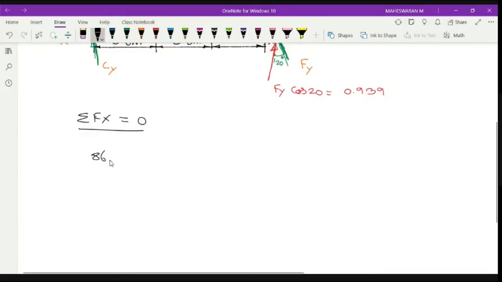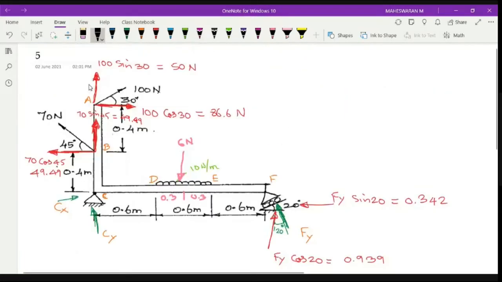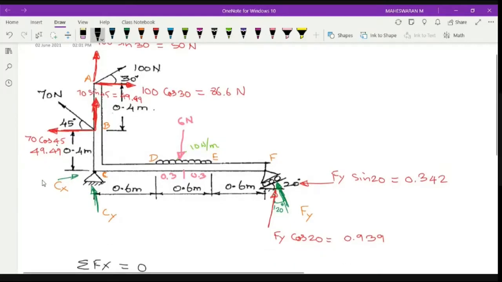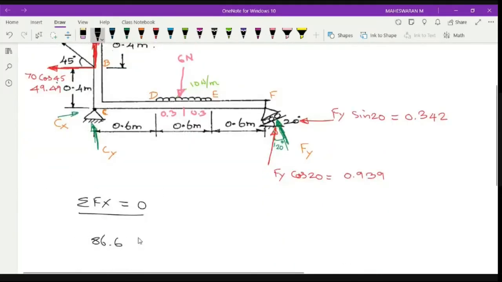B is having one horizontal force, 49.49, in opposite direction, so minus 49.49. C is having one horizontal force, Cx, so plus Cx. D, E don't have any. F is having one force, which is 0.342 Fy.